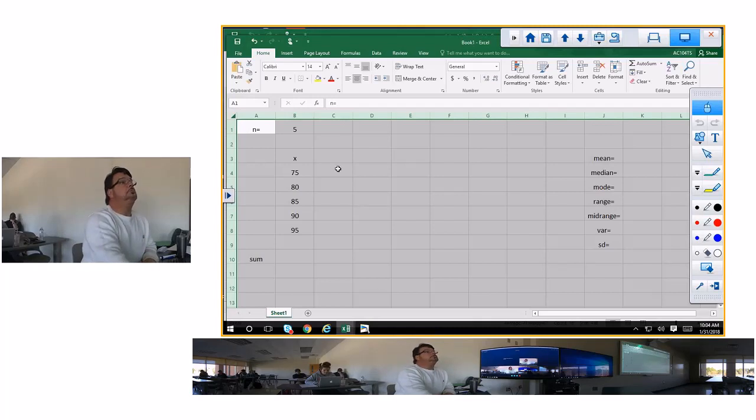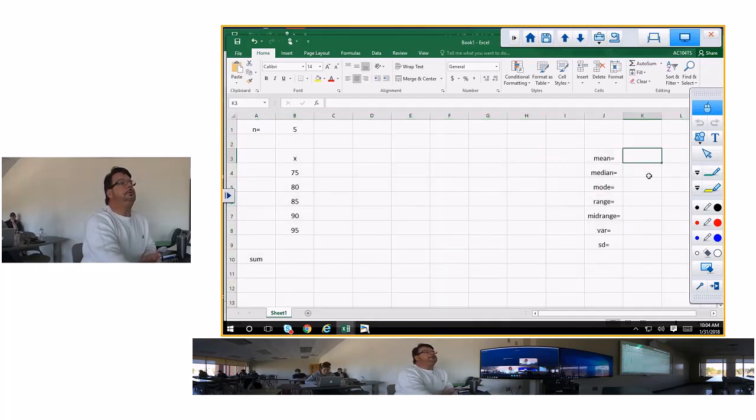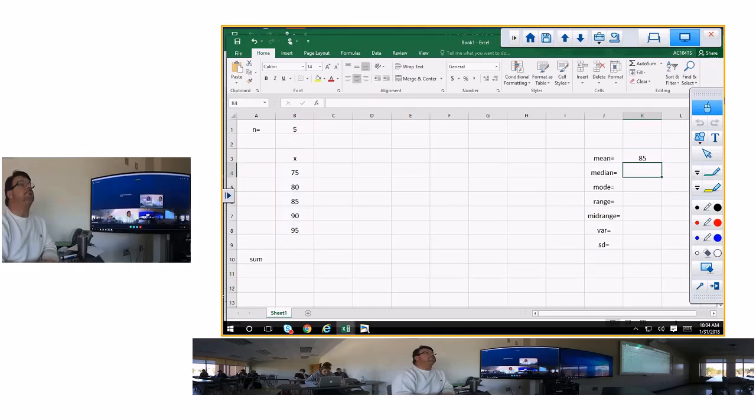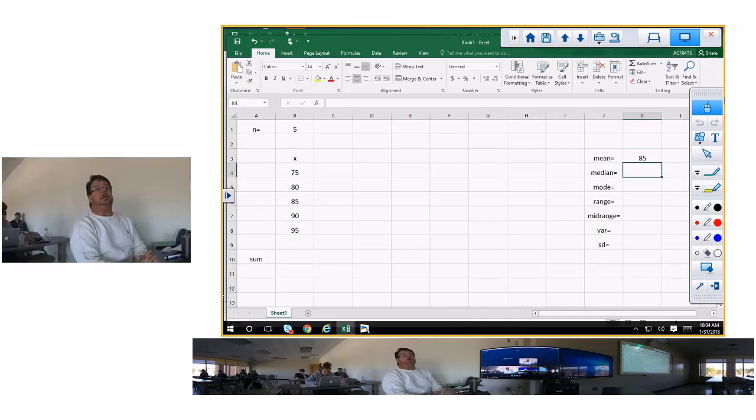All right, so mean. I told you that the formula was add them all up and divide by n. I'm going to take my auto sum, which if you know Excel you can do, and divide that by this number right here. And there's my sum. So you should get 85 by hand.